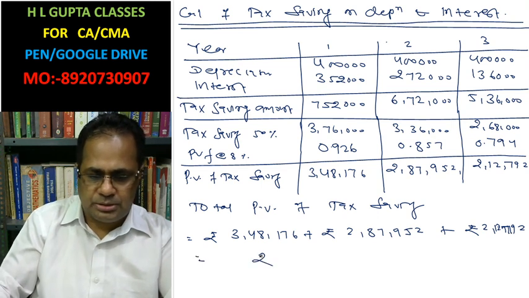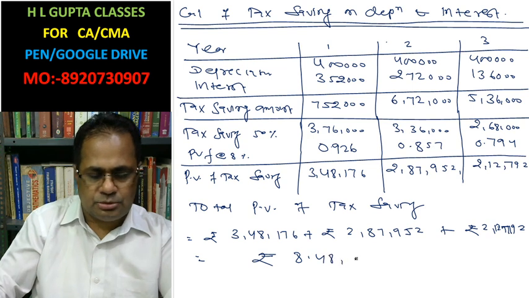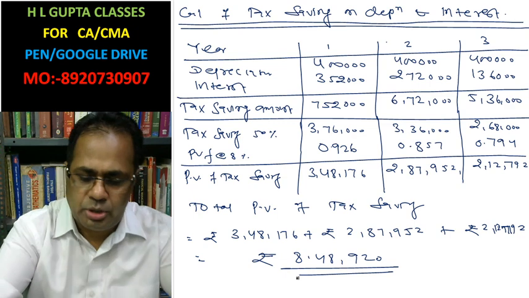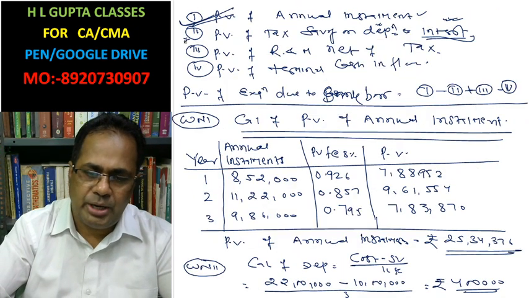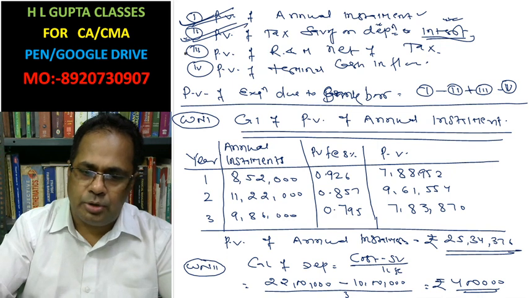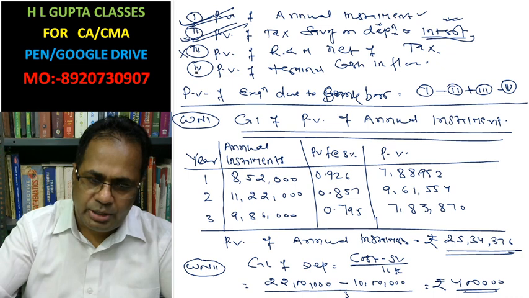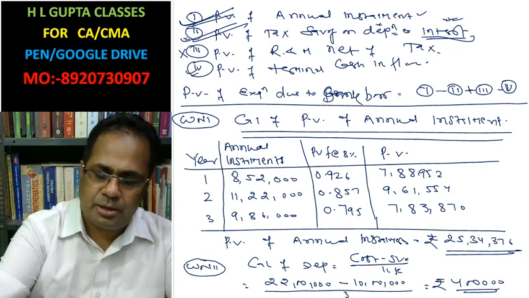This is rupees 8,48,920. This is the present value of tax saving. Now look at it. We have done this step. Now repair and maintenance is not given in the question. Now we need to calculate terminal cash inflow. What is the terminal? That is the scrap value, 10 lakh.